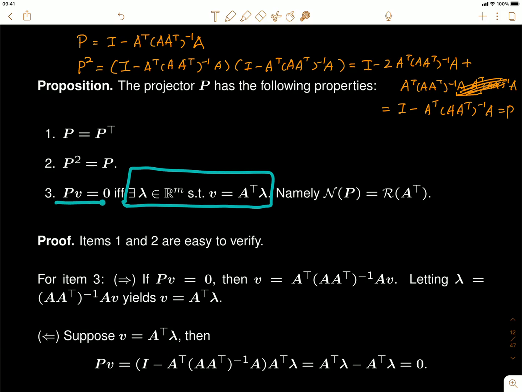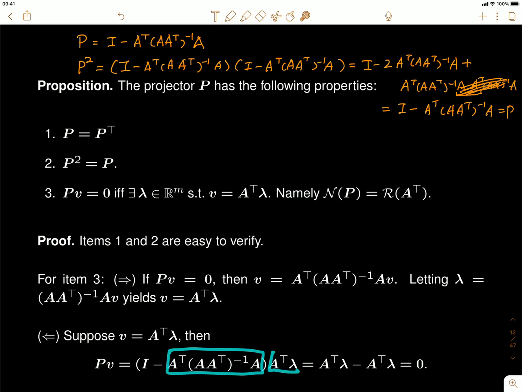Let's check if PV equals 0. Suppose that V is equal to A transpose lambda, then we apply P to V. That means we multiply this matrix P to the vector V here, and you can see that the first I goes with this A transpose lambda, so I keep it here. And then we have this term multiplied to the A transpose lambda, and you can see that they have this term, which will cancel with this term since they are inverse to each other.